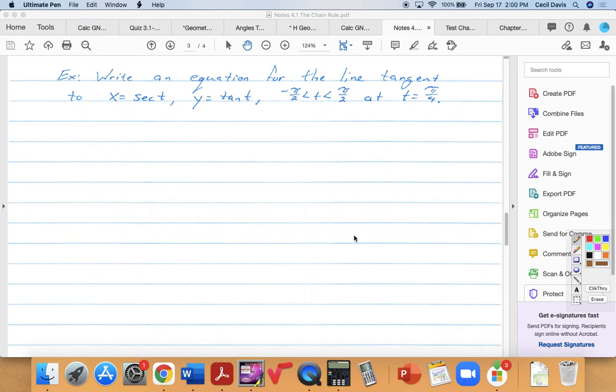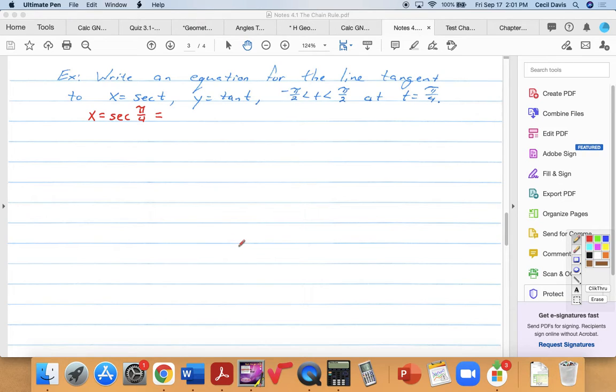All kinds of good stuff going on here. So in order to write the equation for the tangent line, we need to know 2 things. We need to know a point, and we need to know a slope. So for the point, we'll just substitute in. So x is going to be equal to secant at pi over 4. Remember that secant is the reciprocal of cosine.